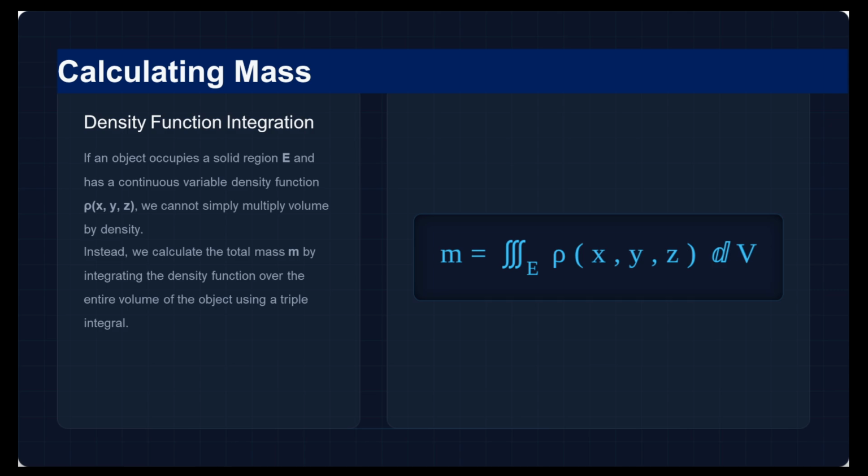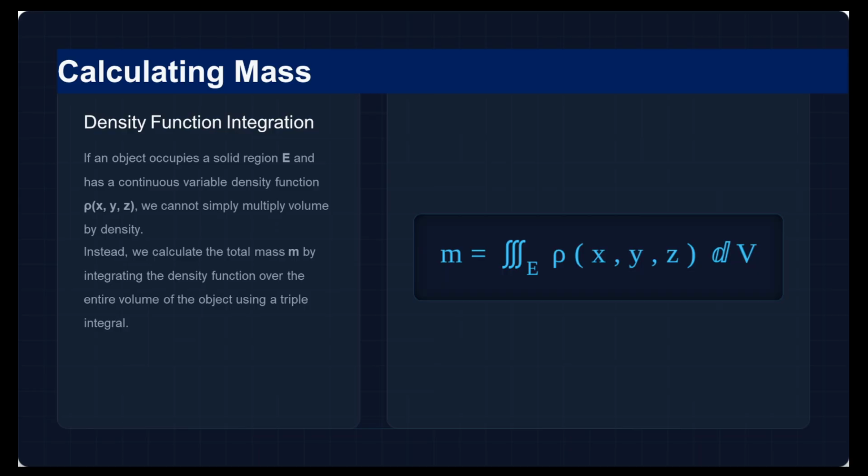So in that situation, we cannot use this simple formula. Instead, we use the density function written as rho(x, y, z). To find the total mass, we integrate this density function over the entire region using a triple integral. So mathematically, mass equals the triple integral of density over the whole region.